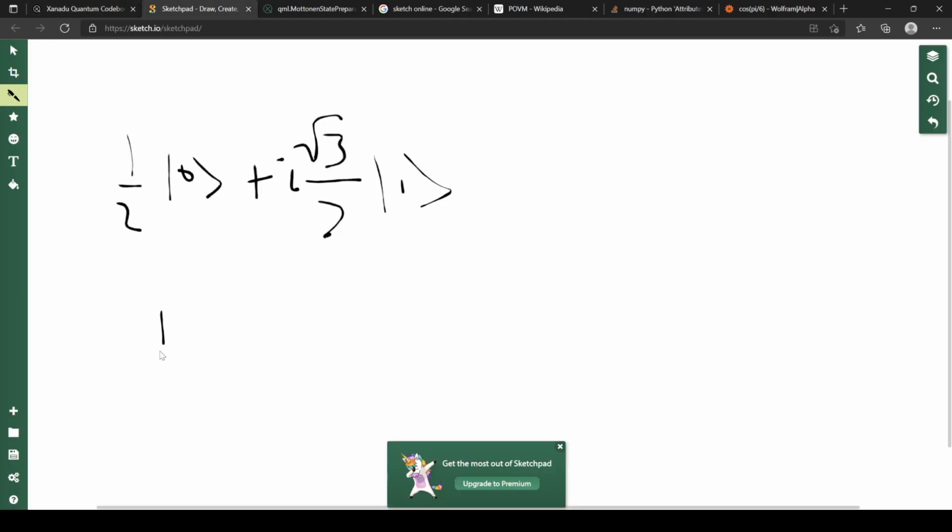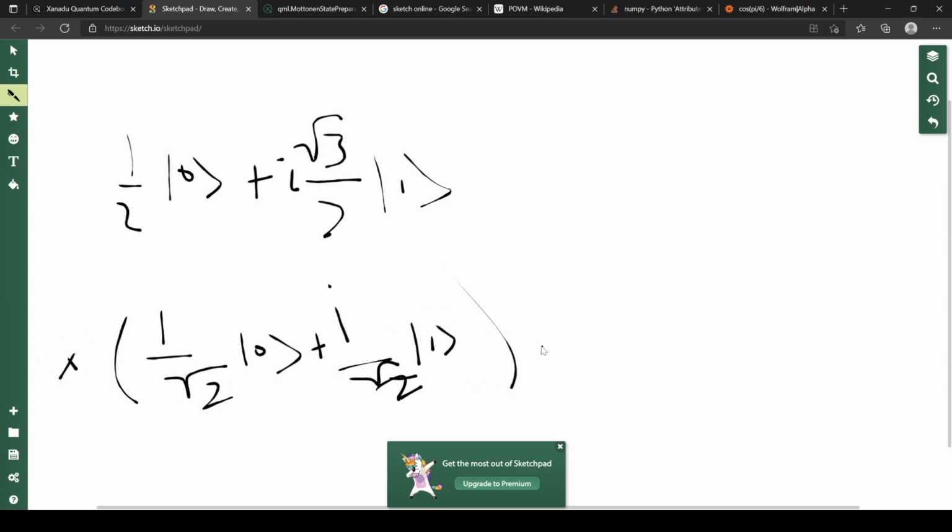So we have 1/√2 (|0> plus i|1>) times some value times x plus this, and then √2 |0> plus i over square root of 2.